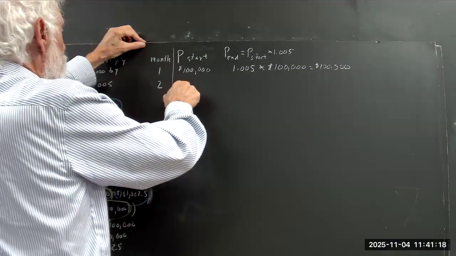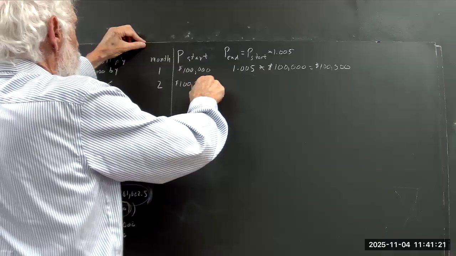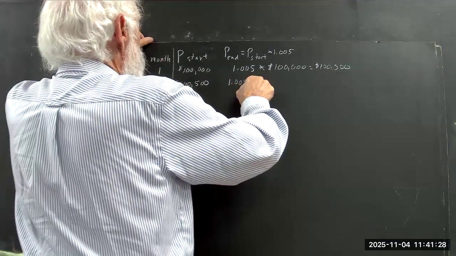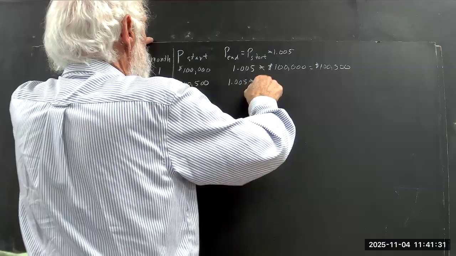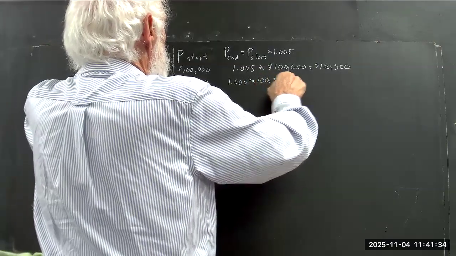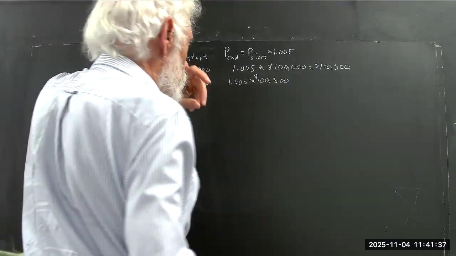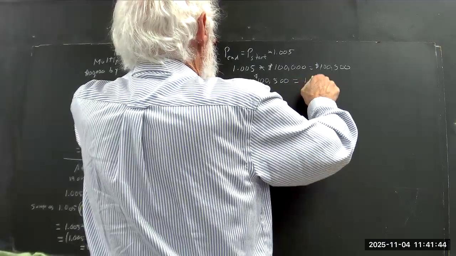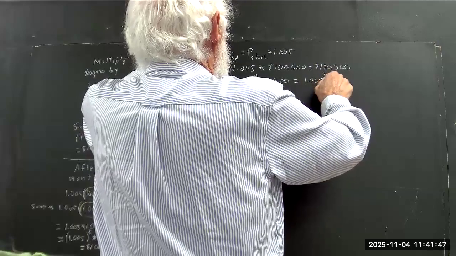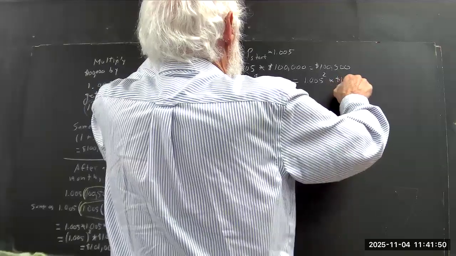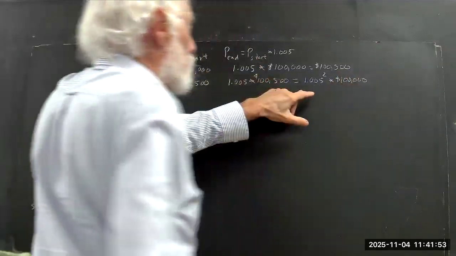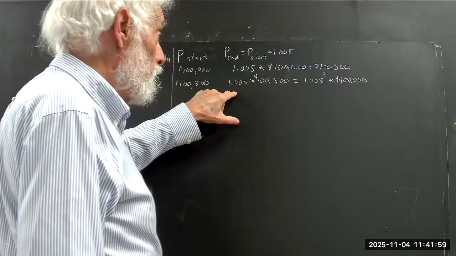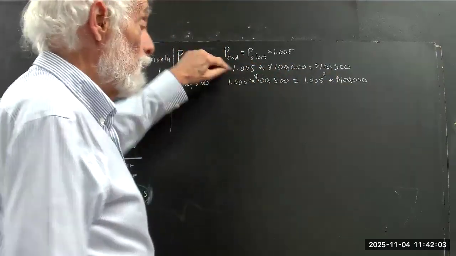So at month two, you start with 100,500 and you end with 1.005 times $100,500, but that's equal to 1.005 squared times 100,000, because you're multiplying this by 1.005, but you got this by multiplying your 100,000 by 1.005.